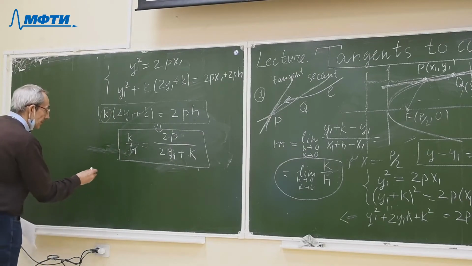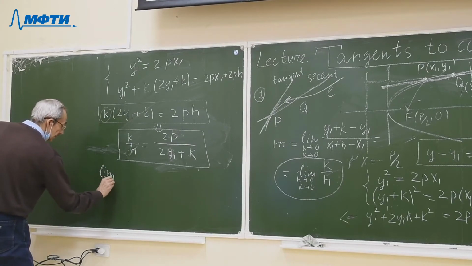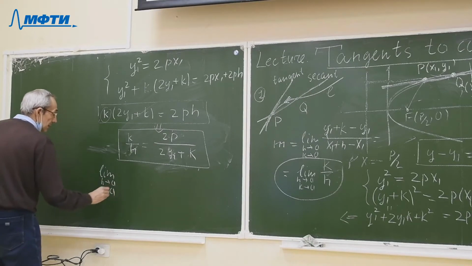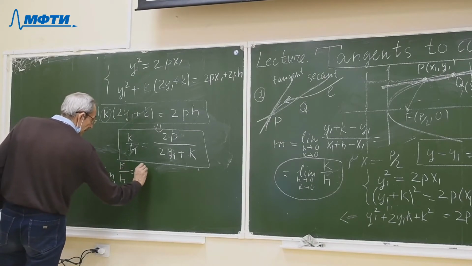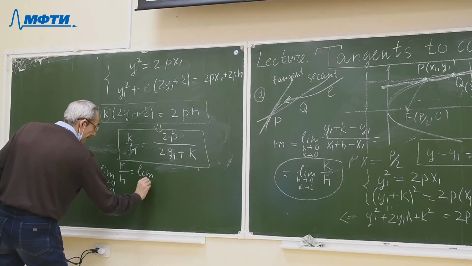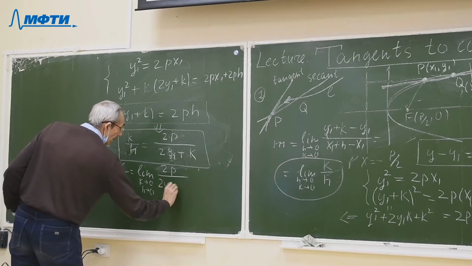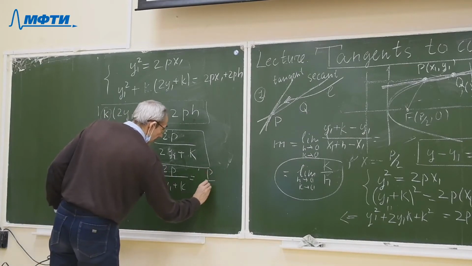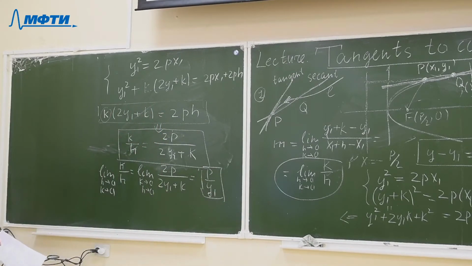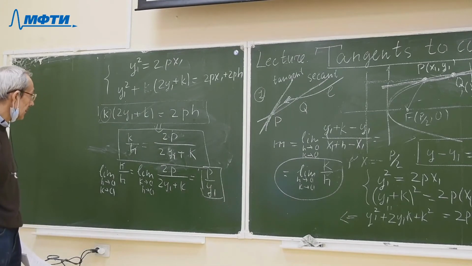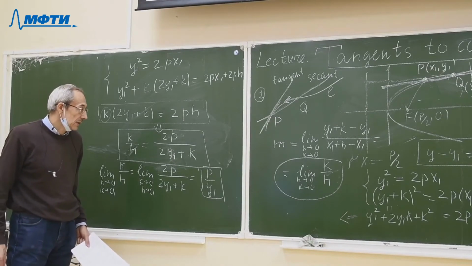And in the limit, when h tends to 0, k tends to 0, we obtain that this ratio is equal to p divided by y1, and we obtain the exact value for the slope of our tangent line.